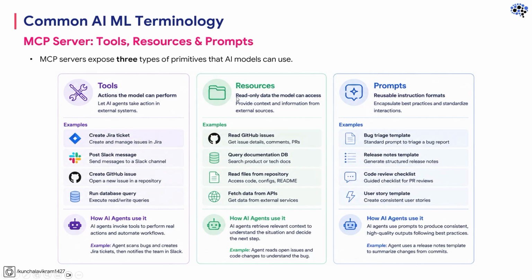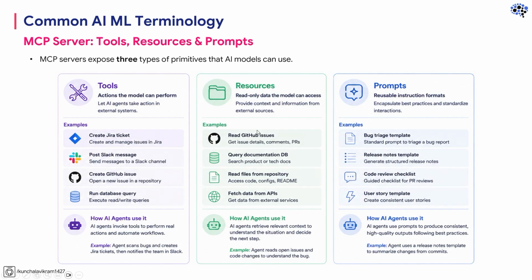Now the MCP server also provides something known as resources. Resources are read-only data that your AI agent can use. For example, it can give information about all the GitHub issues or some documentation, and these resources can be static or dynamic. For example, GitHub issues can be provided as a resource, but the question you may ask is, if I have a tool that will read all the GitHub issues, why do I need a resource for the same thing?